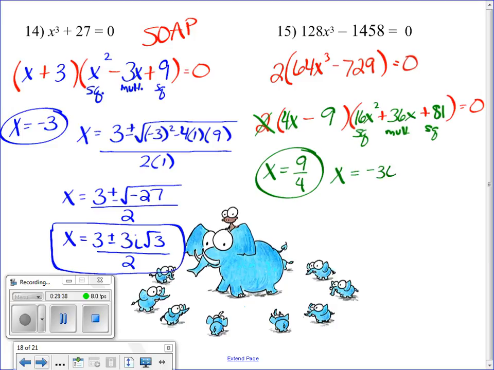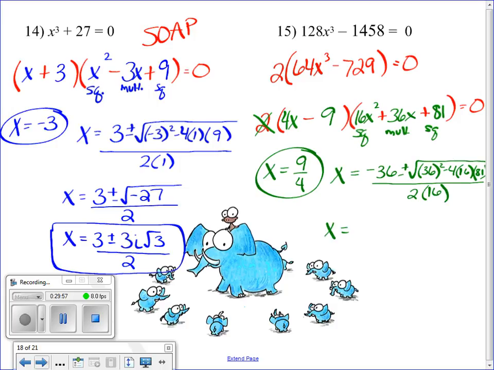Oh, these numbers are going to get big. Plus or minus square root b squared minus 4 times a times c all over 2 times a. The numbers got big.